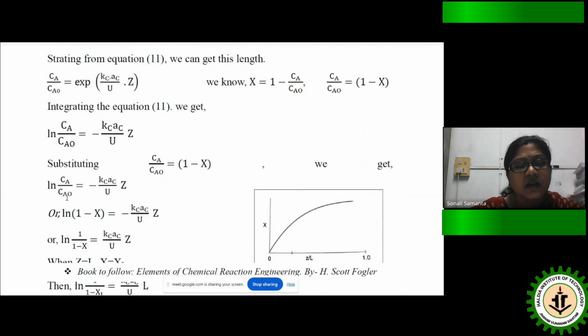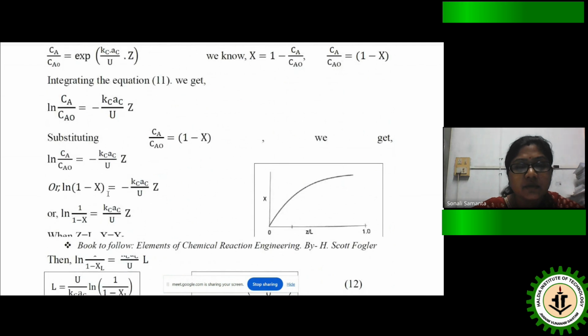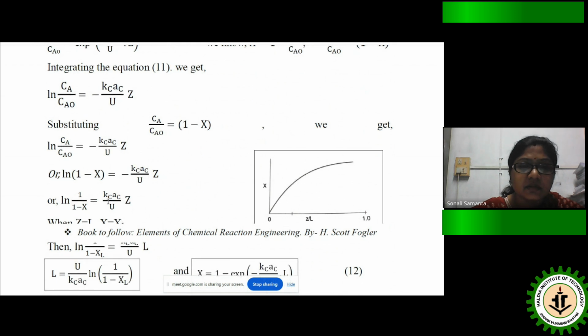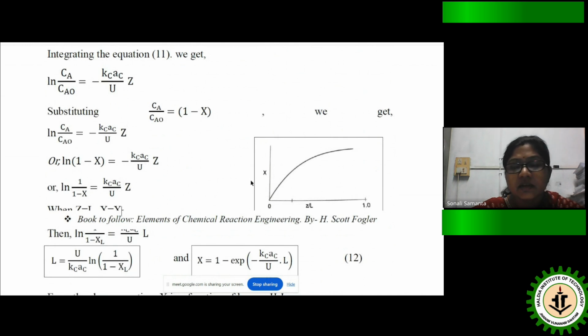That is ln of 1 minus X equals minus Kc ac by U times Z. If you remove the negative sign, the equation becomes ln of 1 by 1 minus X equals Kc ac by U times Z. Here you can see that conversion gradually increases as the length goes from 0 to L.